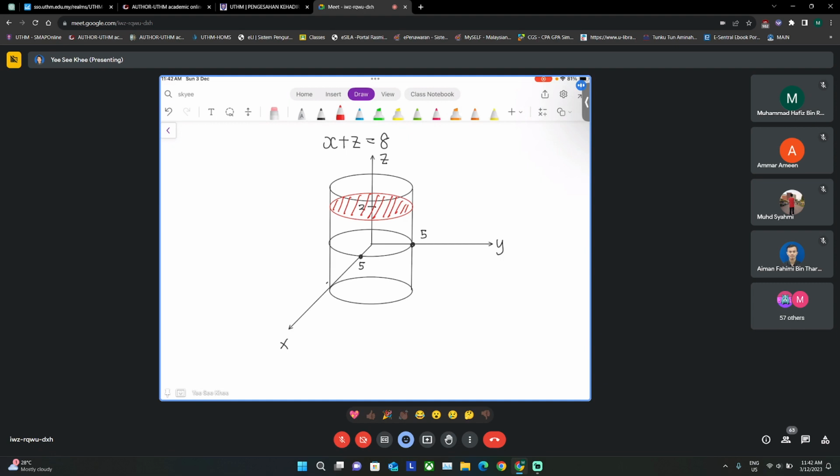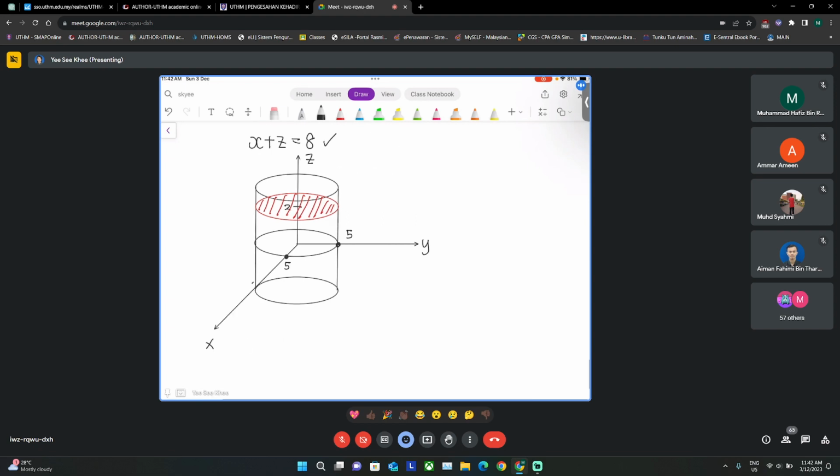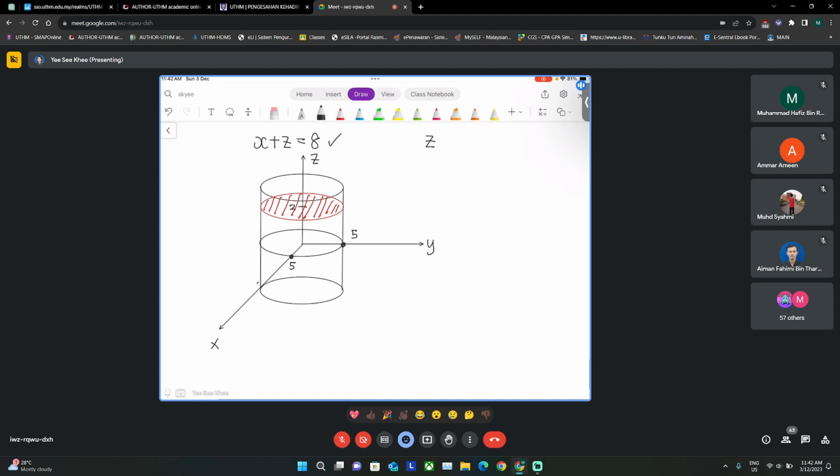Let's draw this one. Maybe you cannot draw in 3D first, but we draw in 2D. In 2D, it is z equals 8 minus x. It's a straight line, so we can draw it in 2D. Positive 8 is here, negative will be in these directions.